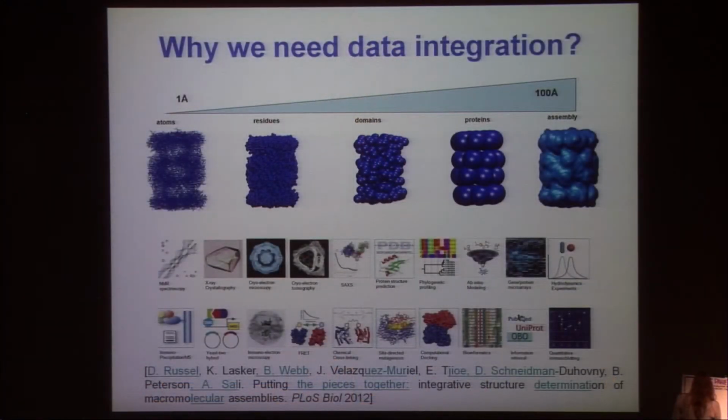In order to do this, one of the challenges has been that we need to take lots of different data types and bring them together in order to solve this problem. It's not sufficient to take one type of experiment, build the model from it, and then present this model in isolation. So we've put a lot of work into being able to take all these different types of data and combine them together.